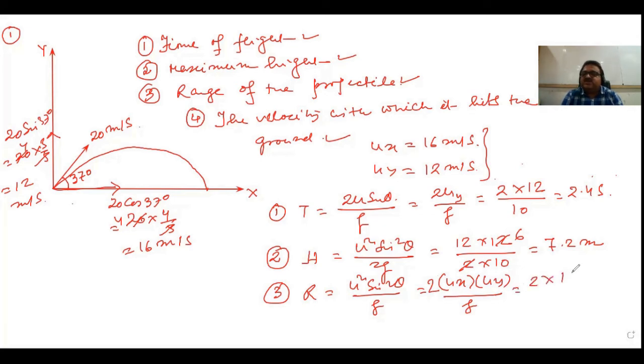What is ux? 16. What is uy? 12. What is g? 10. So 2 into 12 is 24, into 16, divided by 10, that is 38.4 meter.